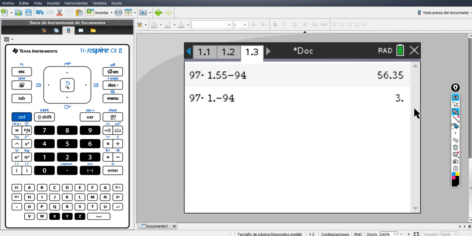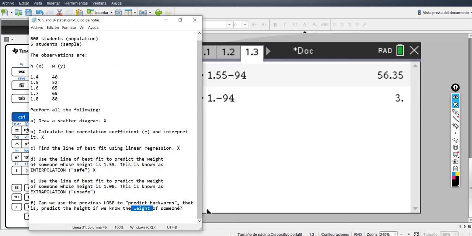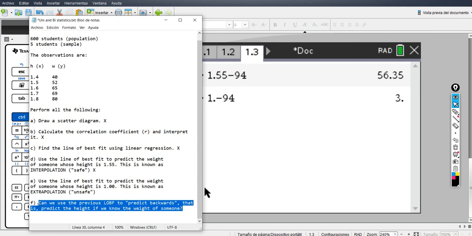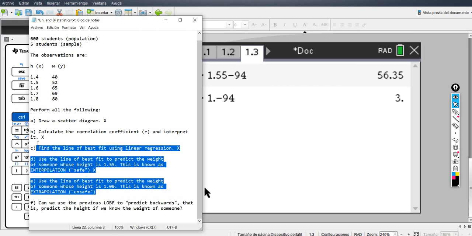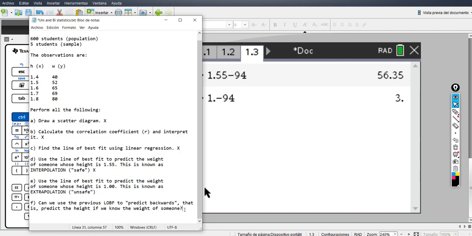We cannot do this when we're working with these types of lines of best fit. It is important that you don't do that. There is another line in order to go backwards, but I'm gonna stop it right there. I'm basically telling you that you cannot predict backwards by using the line of best fit obtained in these first exercises. You can't. I'm gonna tell you why, and what to do, later in the next lesson.